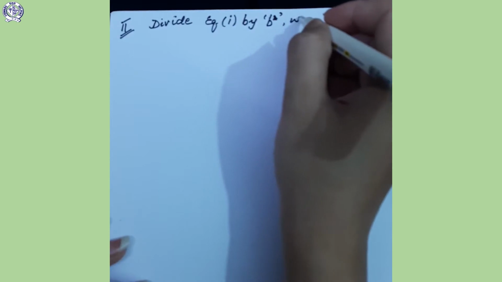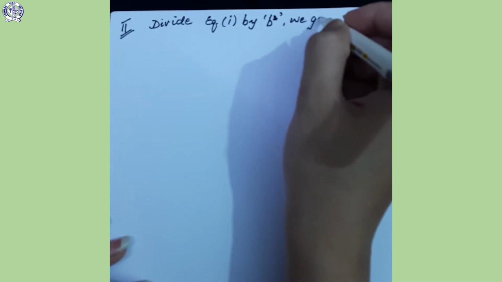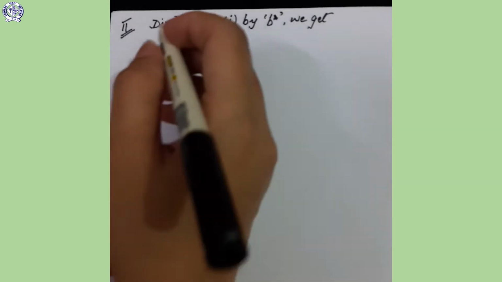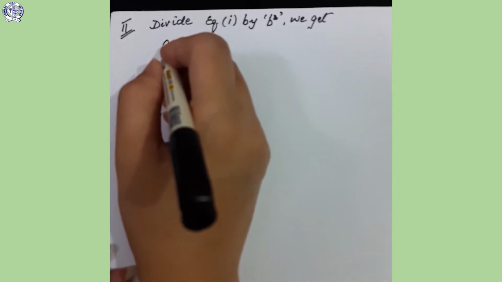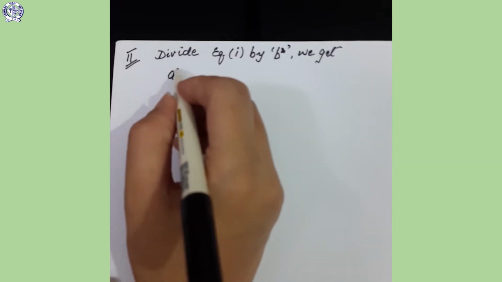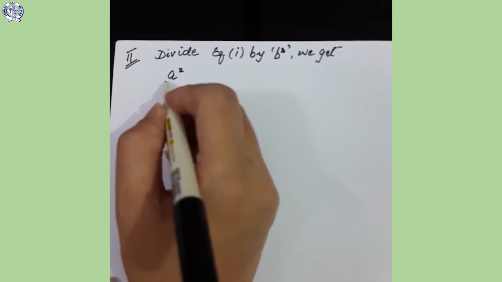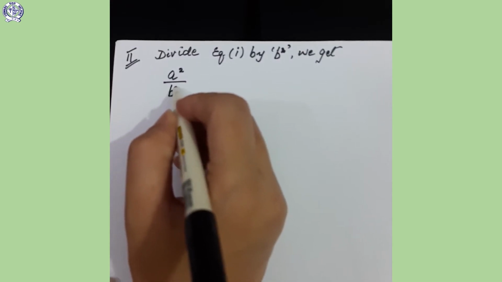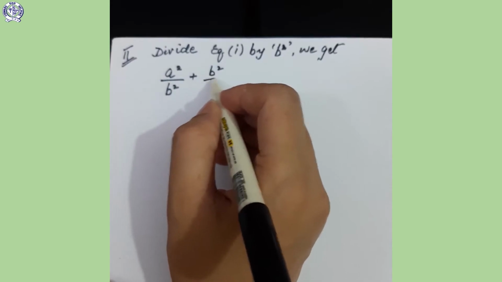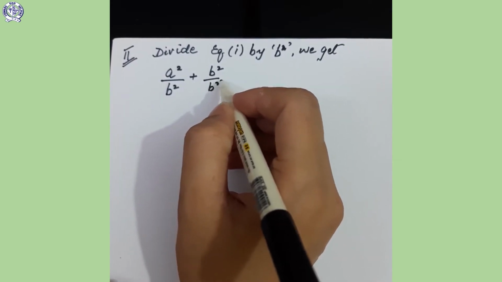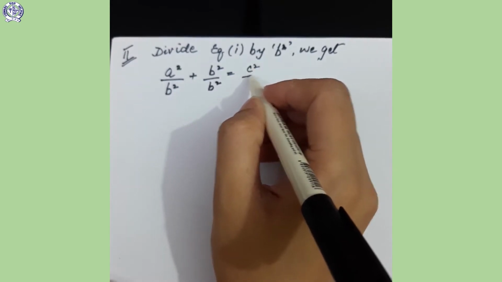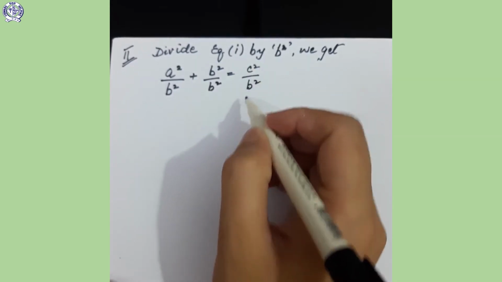So we get, let's divide it. a square divided by b square plus b square divided by b square equals c square divided by b square.